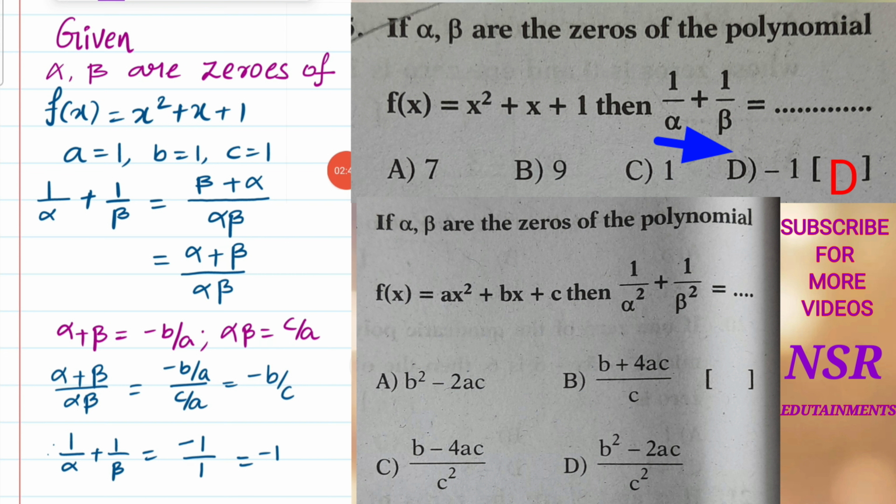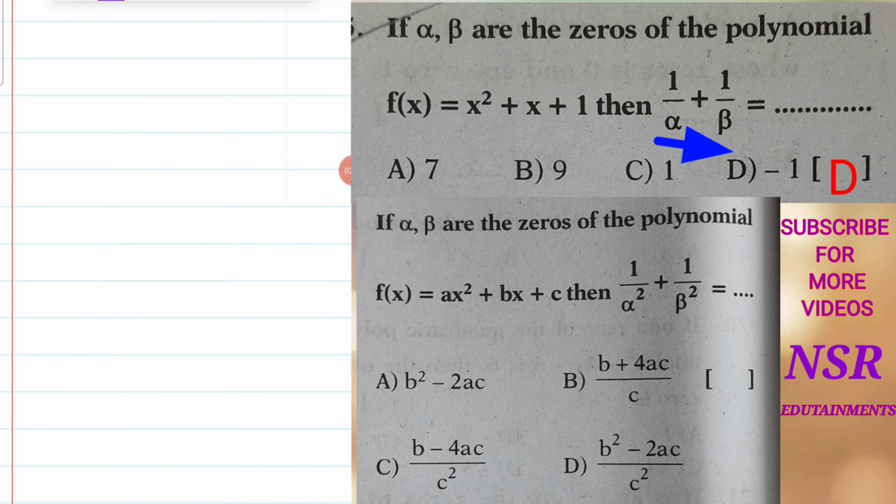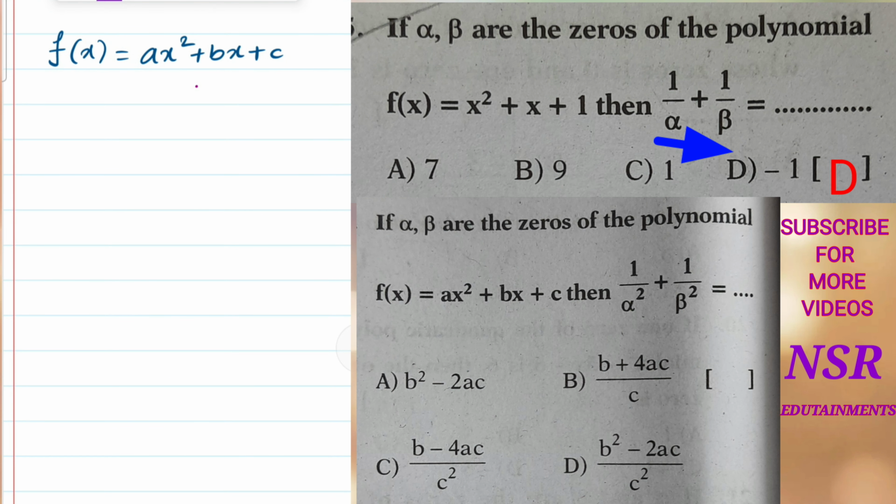Next, let's see the next question. If alpha, beta are zeros of a polynomial ax square plus bx plus c, then find 1 by alpha square plus 1 by beta square. Okay, first we'll take f of x equal to ax square plus bx plus c. Now alpha plus beta, the sum of zeros, is minus b by a, and the product of zeros is c by a.